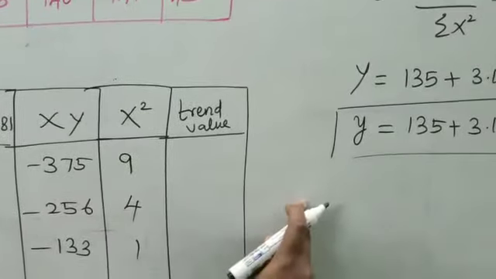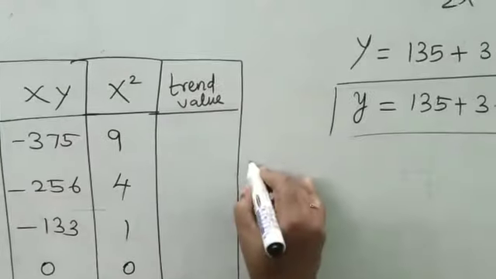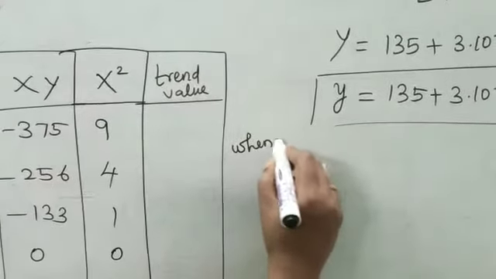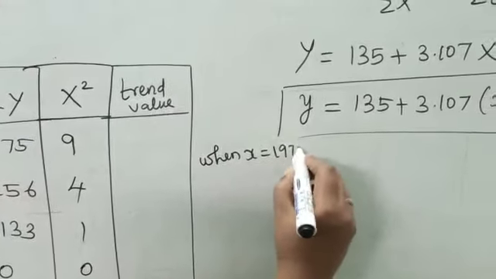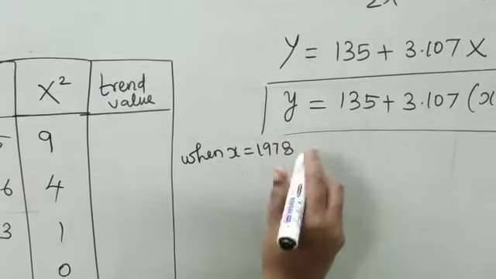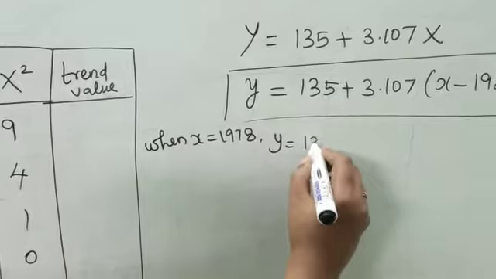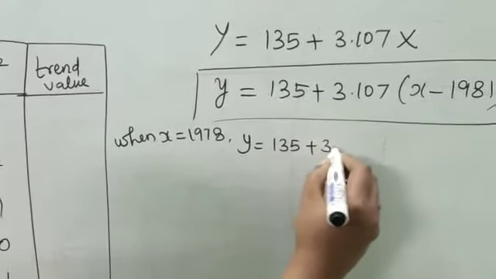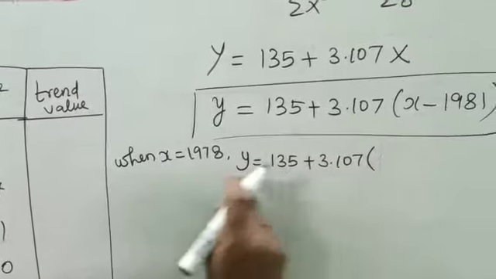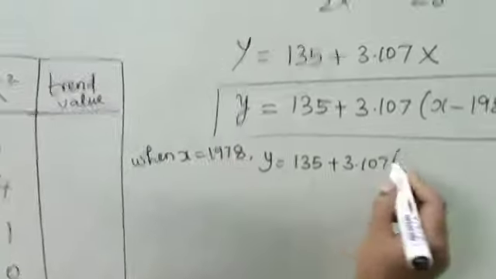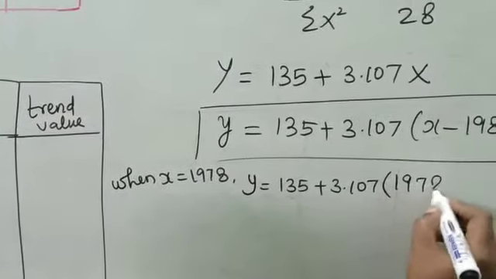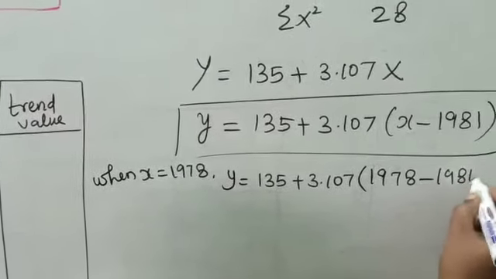First I am going to find the trend value for 1978, when small x equal to 1978. Substitute here: y equal to 135 plus 3.107 into 1978 minus 1981.